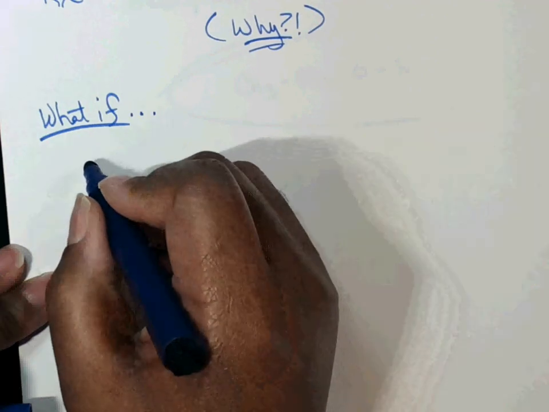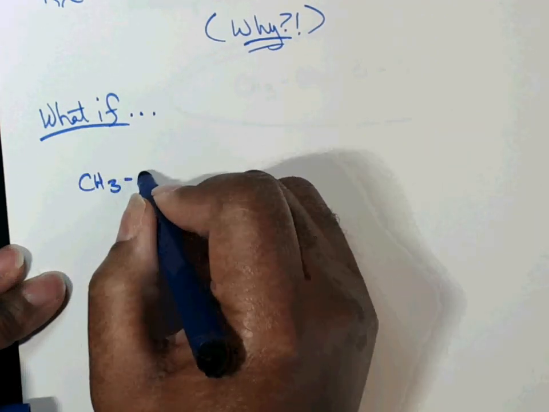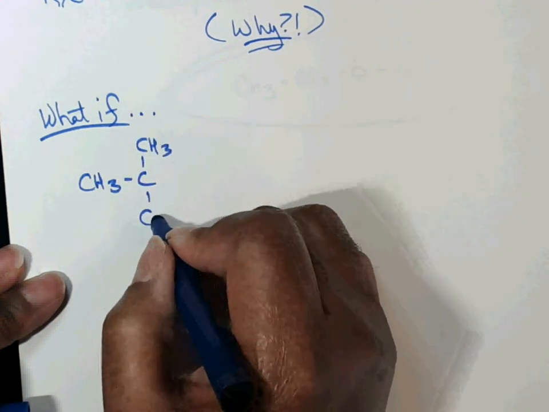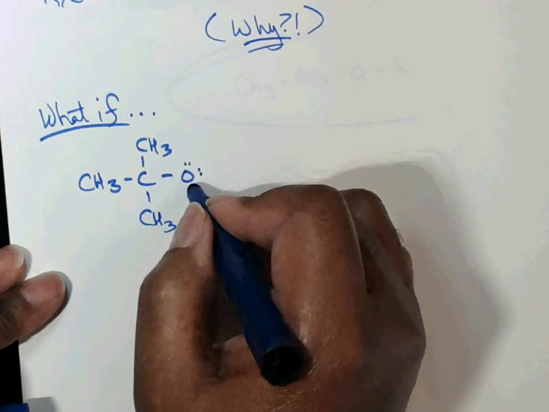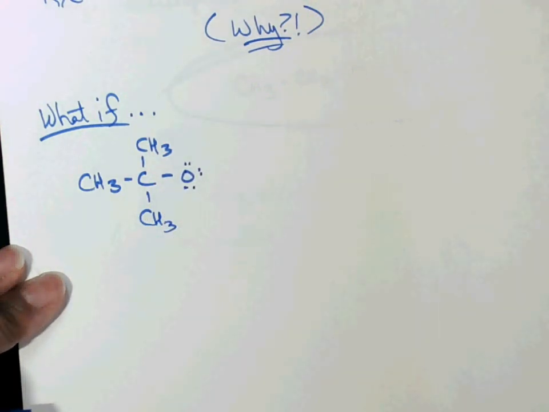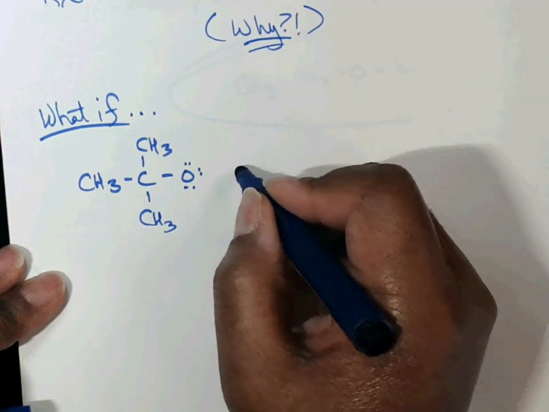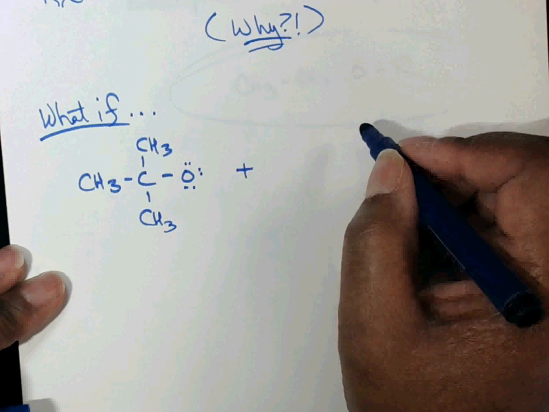What if instead of reacting T-butoxide with methyl chloride, what if we reacted with T-butyl chloride?